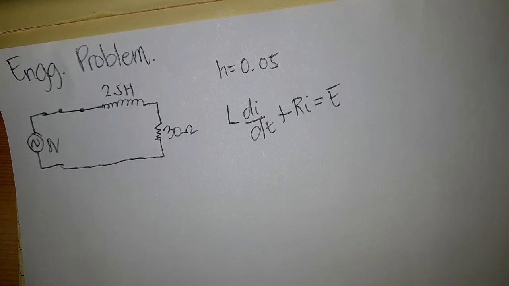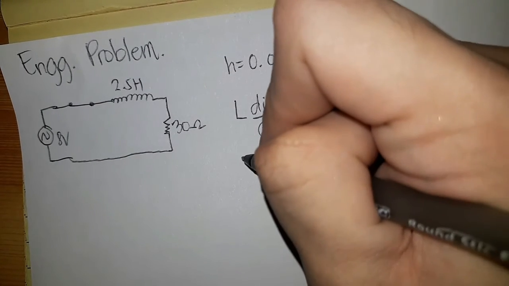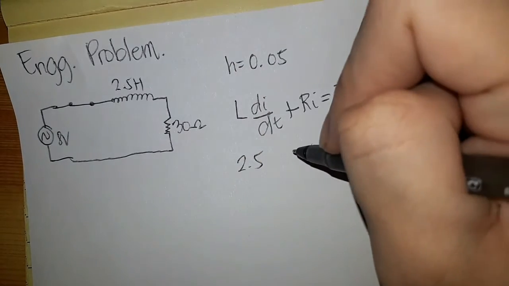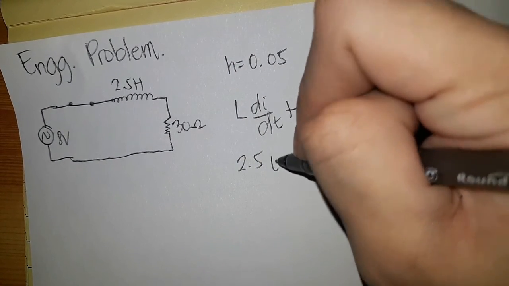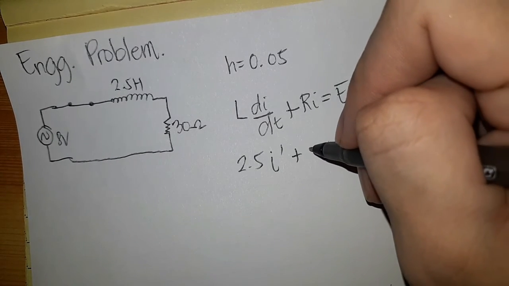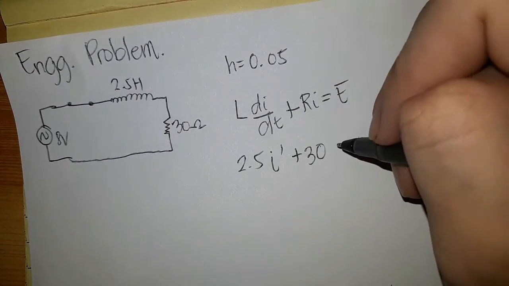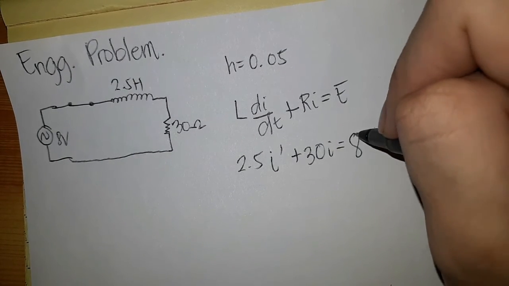So let's substitute the values that are given in the circuit. So for L, it is equal to 2.5. So di over dt can be written as I prime. The resistance is equal to 30 ohms, and the voltage source is equal to 8.